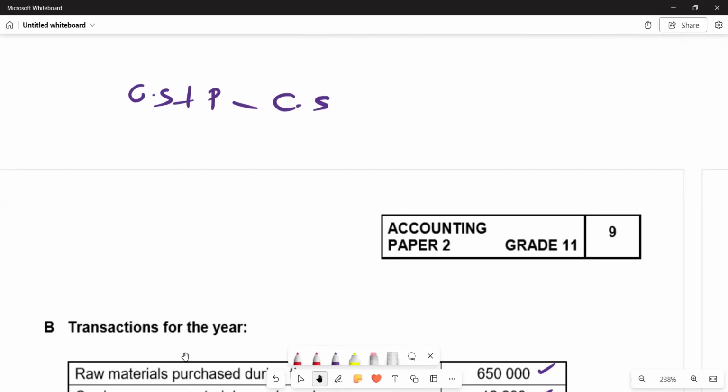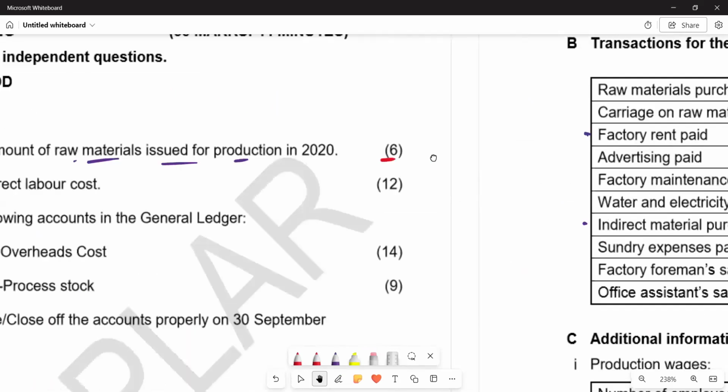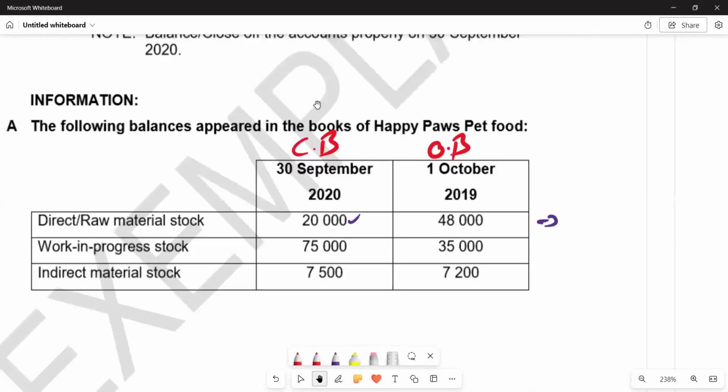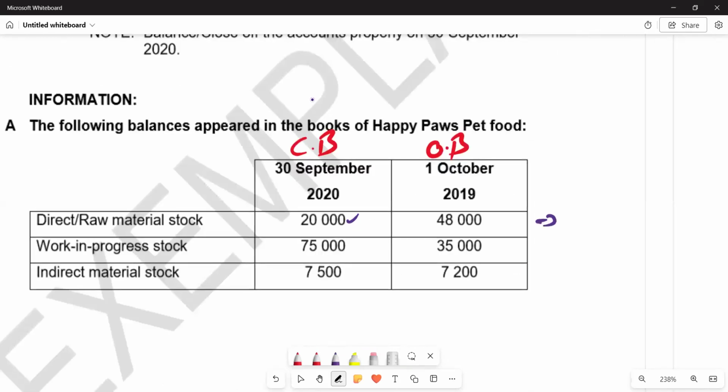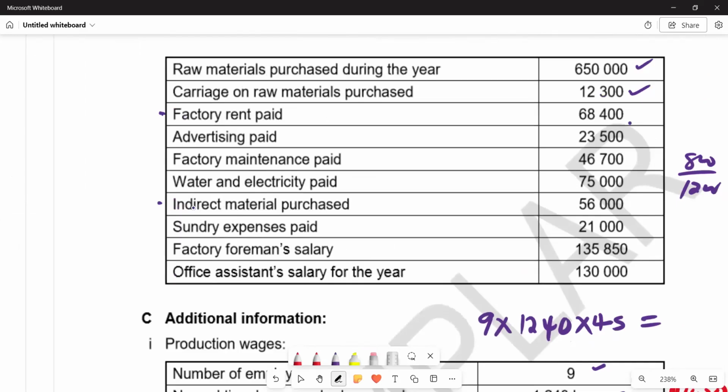As simple as that. If you come to the figures given at the beginning of the information, we are told that for indirect materials we have an opening stock of 7,200 and a closing stock of 7,500, and the purchases are also listed in the list of balances: indirect material purchased, 56,000.